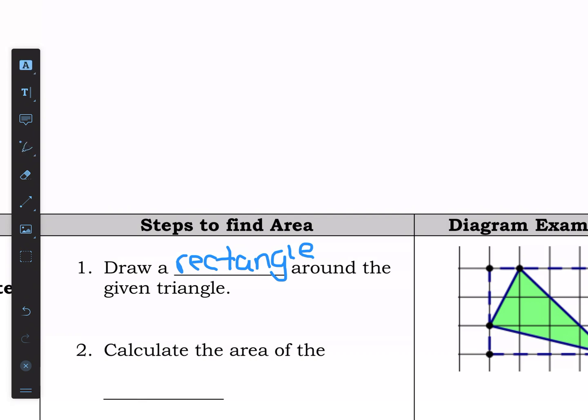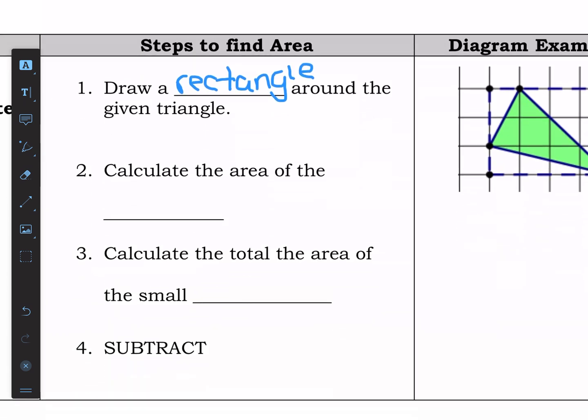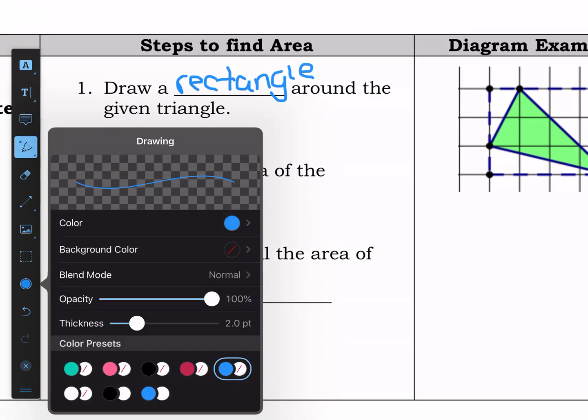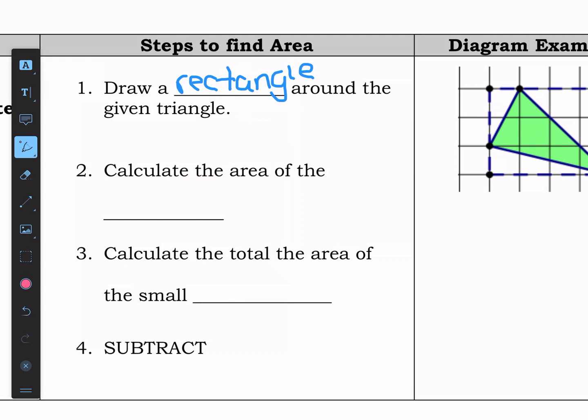Calculate the area of the rectangle. Then calculate the total area of all the small triangles.